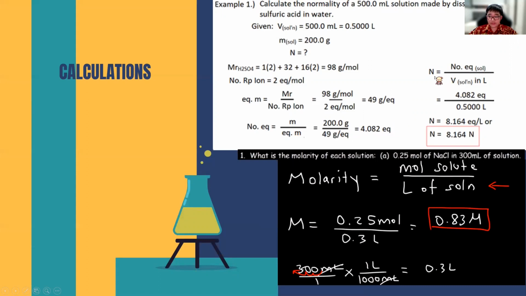And for the normality, we put this number of equivalents, 4.082, over the volume, which is 0.5. And we will get a normality of 8.164 equivalents per liter, or N.